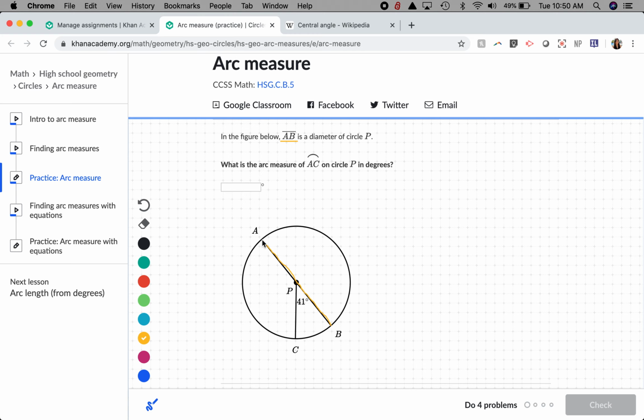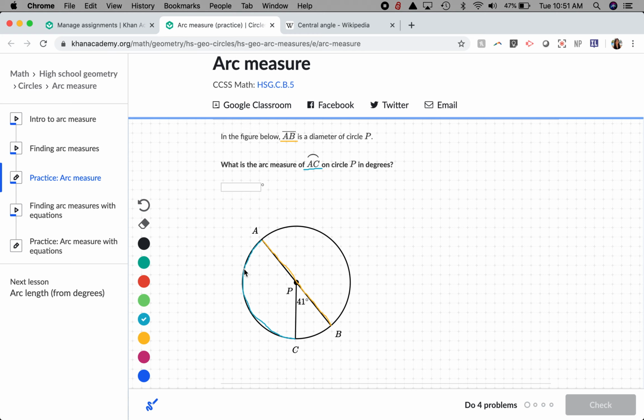Let's read on. The question is asking, what is the arc measure of arc AC on circle P in degrees? So we're looking for the measure of arc AC in blue, which is this arc right here that I'm tracing in blue. Now what I notice is that this central angle, angle APC, is subtended by this arc AC.